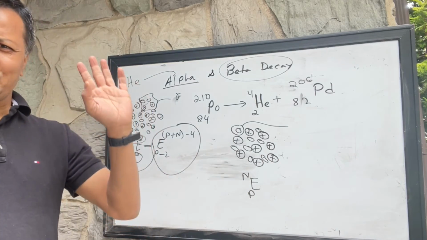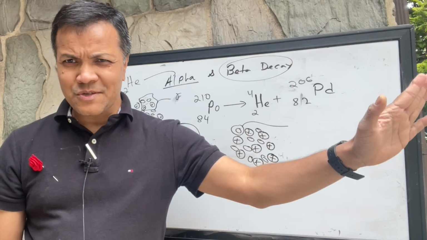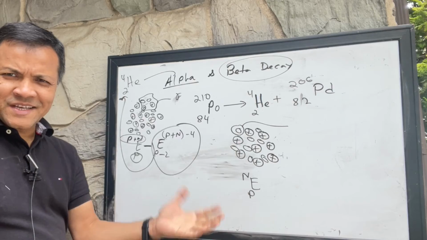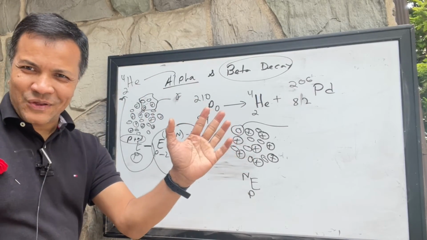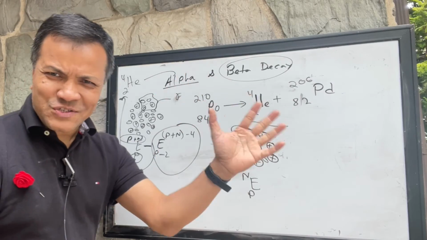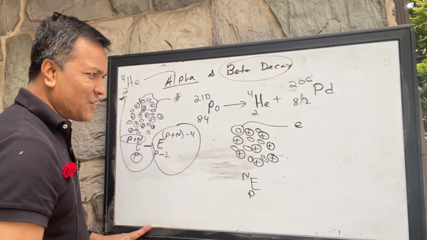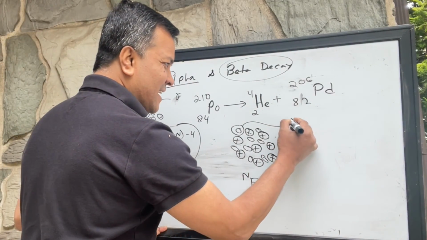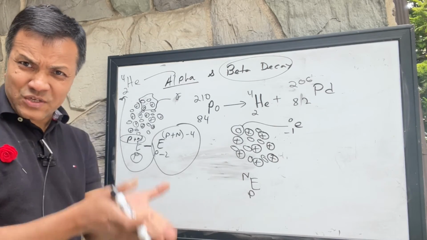When you learn quantum chemistry, you'll know more about it. Yes, the neutron emits an electron. Electron has a negative charge and zero mass. Why? Because 9.11 times 10 raised to negative 31 is almost zero.